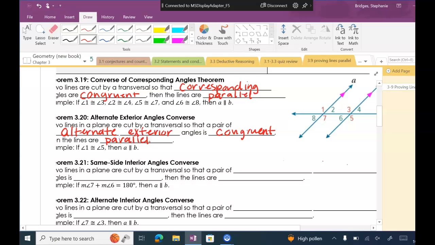Okay, so basically going through and saying everything that I said, that's what we're writing down. So if you have a pair of alternate exterior angles that are congruent, then your lines are parallel. For example, if 1 and 5 are congruent, then A and B are parallel. If 8 and 4 are congruent, then lines A and B are parallel.